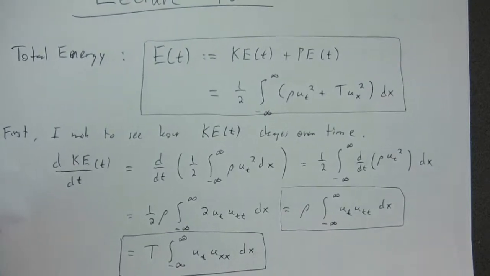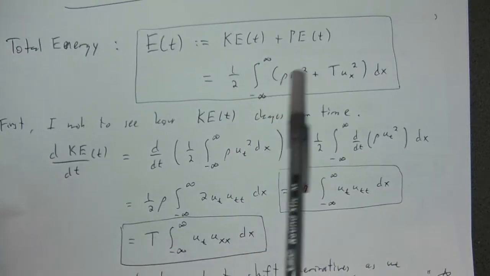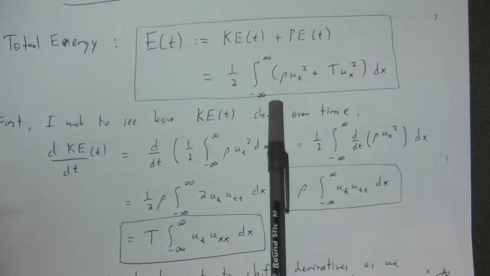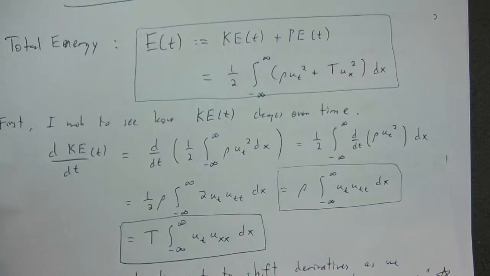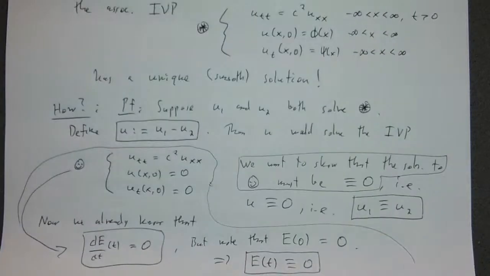What does that mean? It means that u sub t and u sub x are not just 0 at t equals 0, but they are also identically 0.